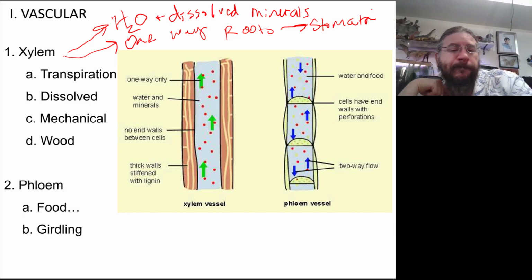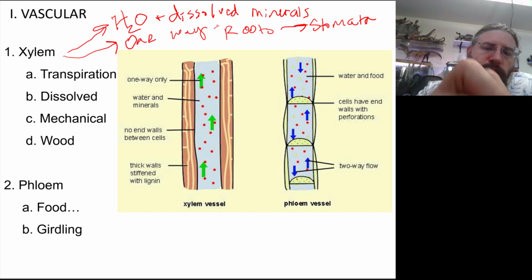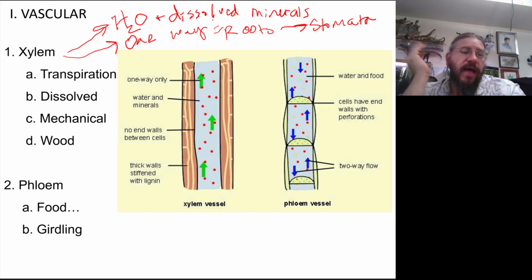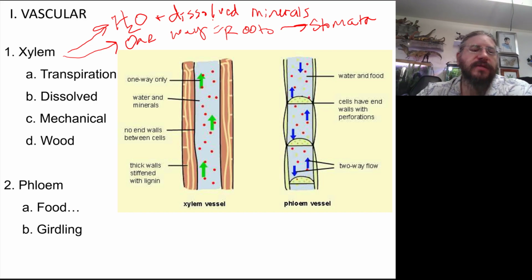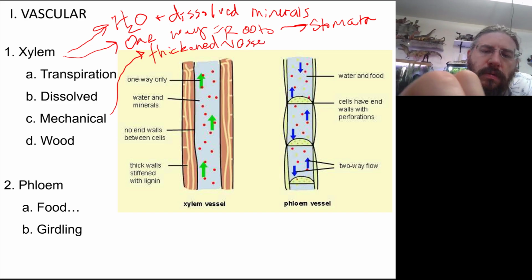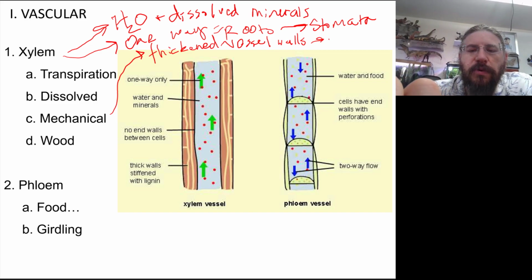Roots to stomata. So, there's no backflow of xylem. That's pretty cool. Xylem vessels often have thickened walls that provide mechanical support. So thickened vessel walls provide mechanical support.